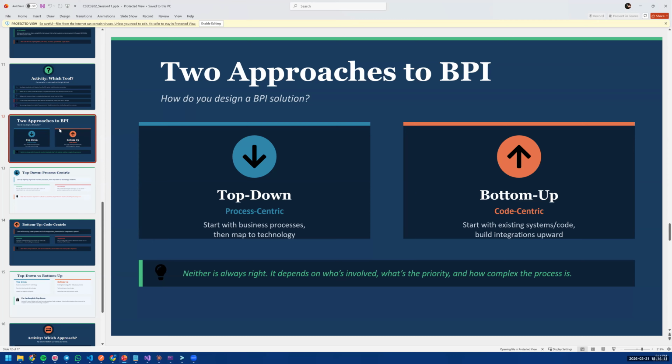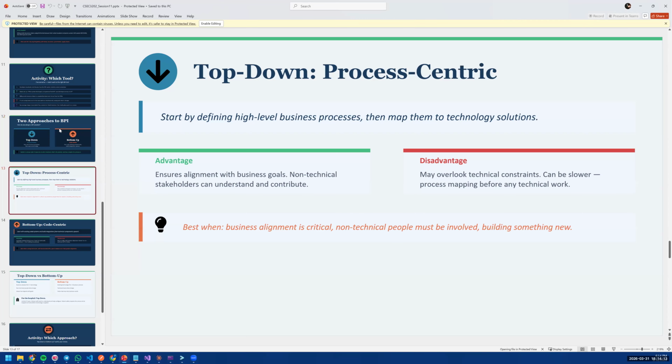Okay. So the top down approach starts by defining the high level business processes and then maps them to a technology solution. You can think of it as you'd begin by saying, what does the business need to happen? What is the ideal workflow?